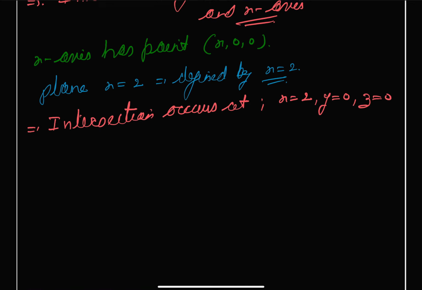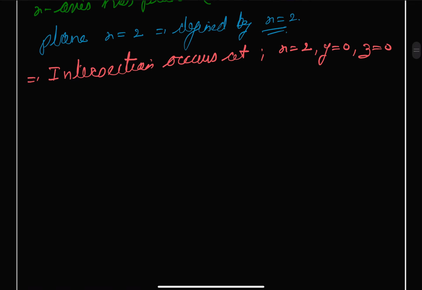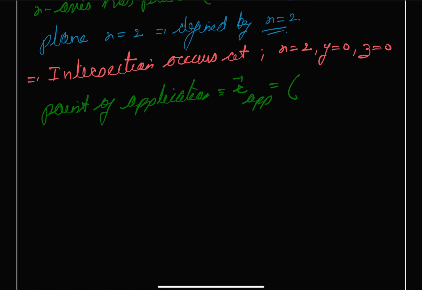So it means the point of intersection is solely going to lie on the x-axis. Therefore we can write that the point of application, let us call this R application, will be equal to 2, 0, 0.